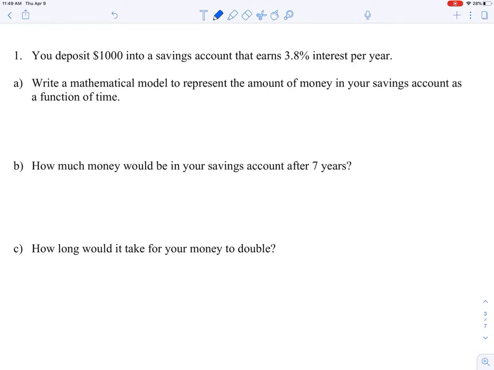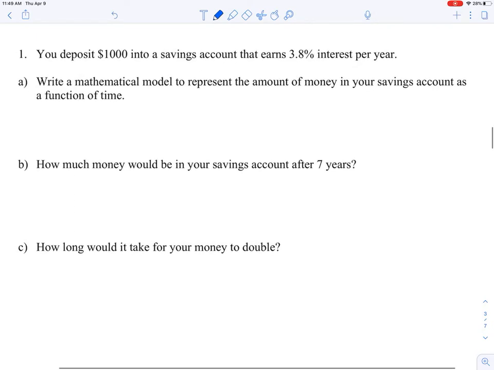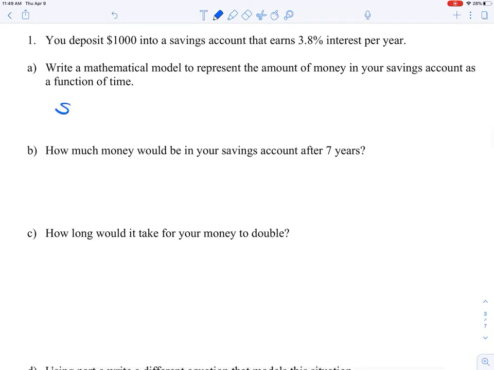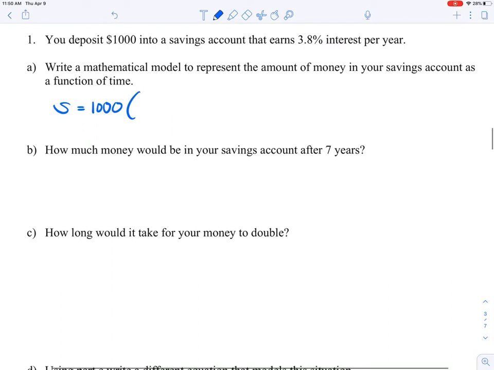We can use whatever letter we want to represent the amount of money that's in the savings account, like I could use S. We put an initial amount of $1,000 in.